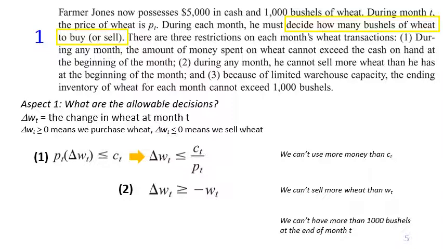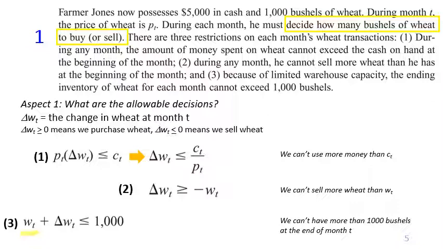Now for the third restriction, it says that at the end of the month, we can't have more than 1,000 bushels of wheat in our warehouse. So whatever we buy, whatever we sell, at the end of the month, we can't have more than 1,000 bushels. So let's see, WT is the amount of wheat that we have at the beginning of the month.